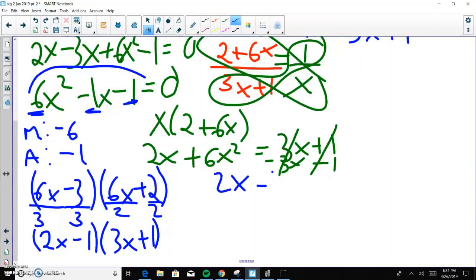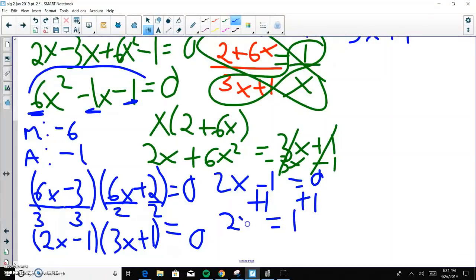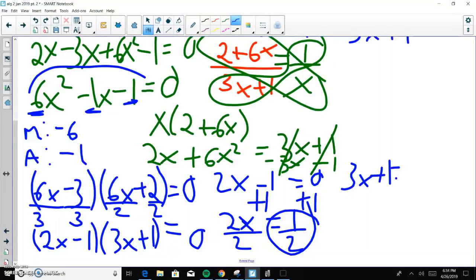So now 2x minus 1, oh, remember the equals 0. Don't forget that. 2x minus 1 equals 0. So add 1. 2x equals 1, divided by 2. x equals 1/2. And then 3x plus 1 equals 0.